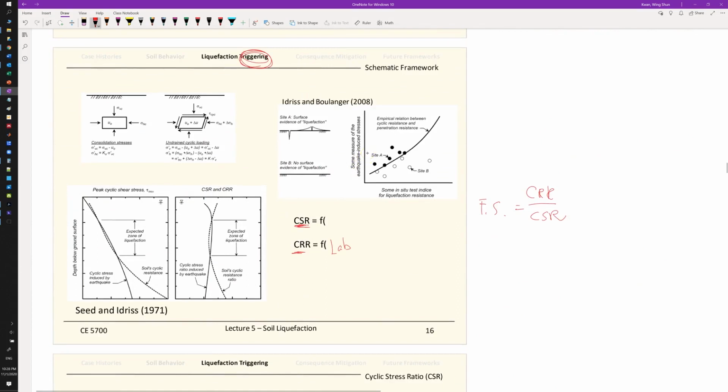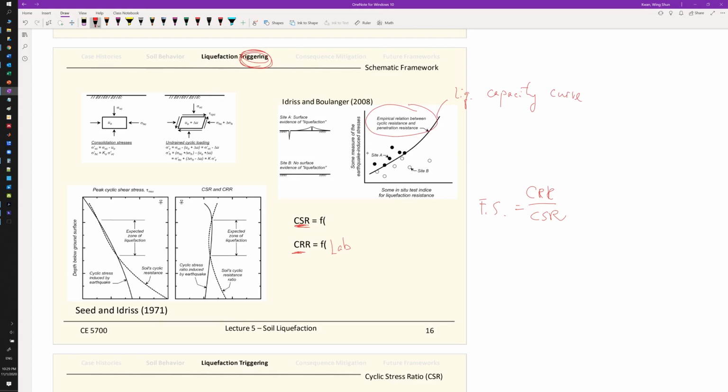From that, based on the data points, we can establish a curve or capacity curve. So this is the liquefaction capacity curve, which divides the case history or evidence of liquefaction and no liquefaction.